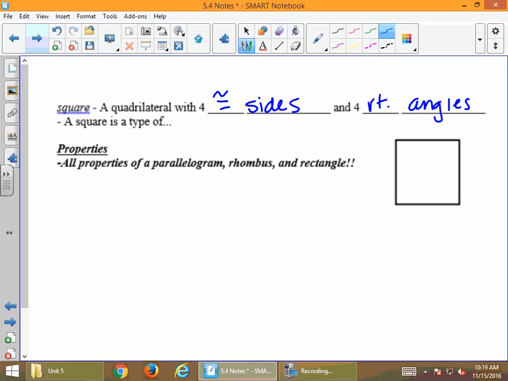Rhombus. So by definition, a square is a type of rectangle, because it has 4 right angles. It's a type of rhombus, because it has 4 congruent sides. And because it's a rectangle and a rhombus, it's also a parallelogram. It's all 3.